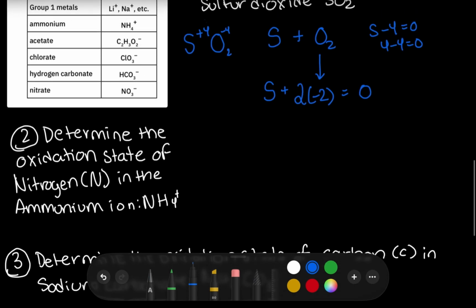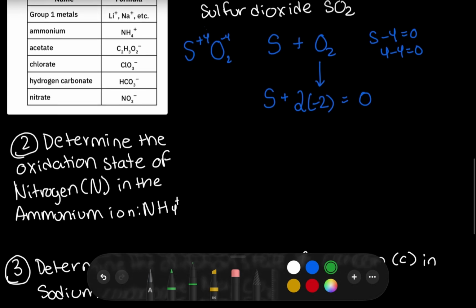Now, for the next problem, it says determine the oxidation state of nitrogen in the ammonium ion NH4+. So this one is slightly different from the first problem. Here, we're dealing with an ion, specifically a polyatomic ion, so it has multiple atoms in this ion. So we're just going to write this down, NH4+.